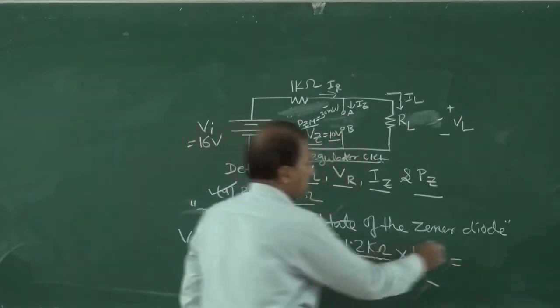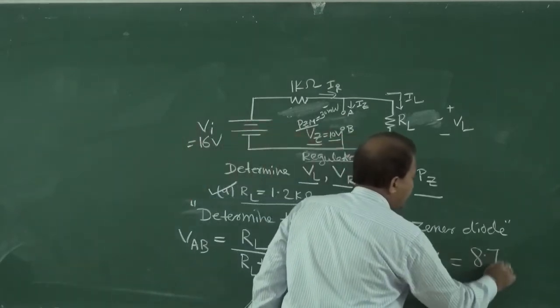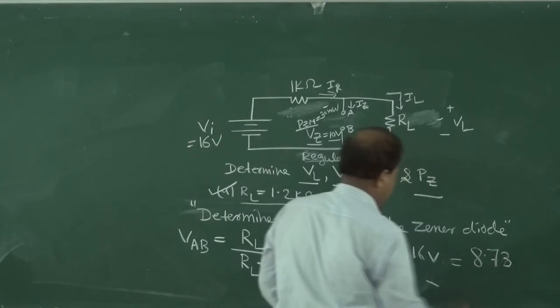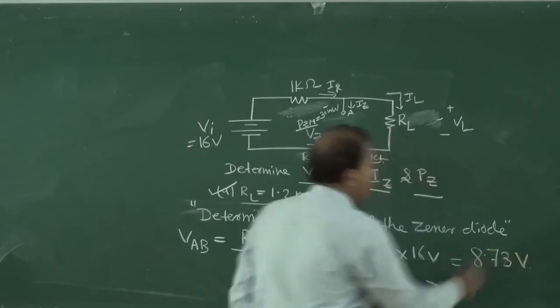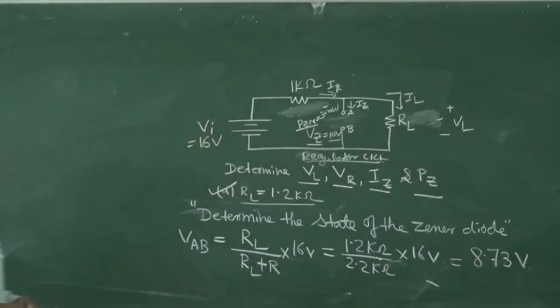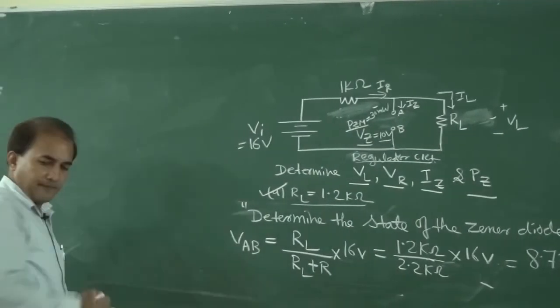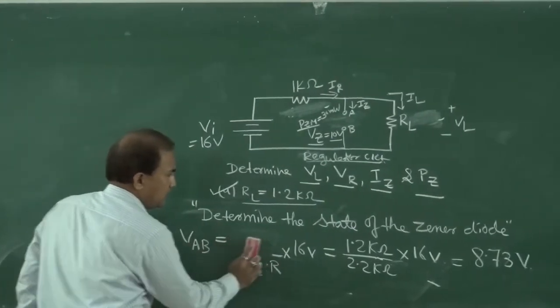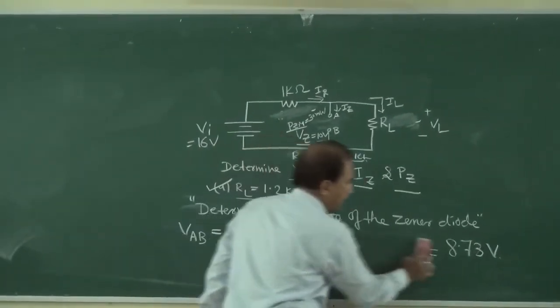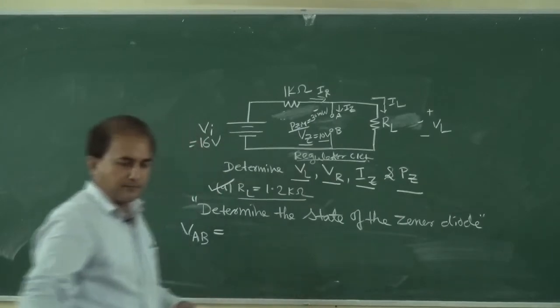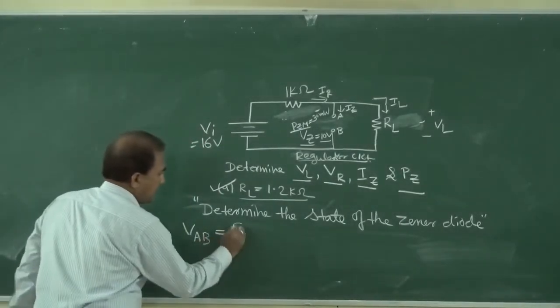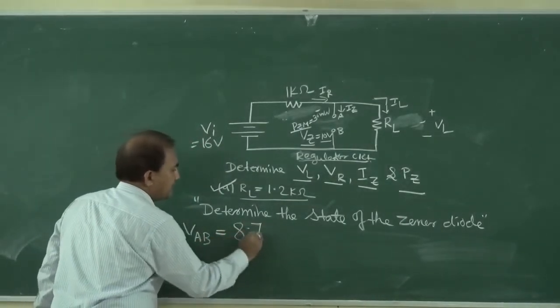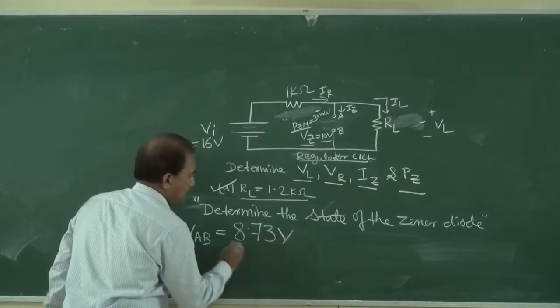So finally it is equal to 8.73 volt. Okay. Now we are getting VAB equal to 8.73 volt.